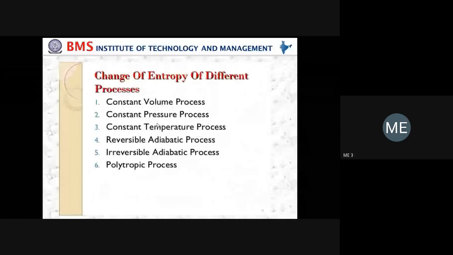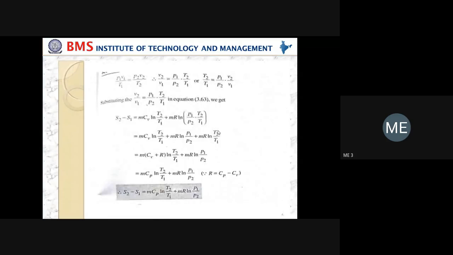Okay. So, just to simplify, m Cv ln P2 by P1 plus m Cv ln V2 by V1 plus m R ln V2 by V1.